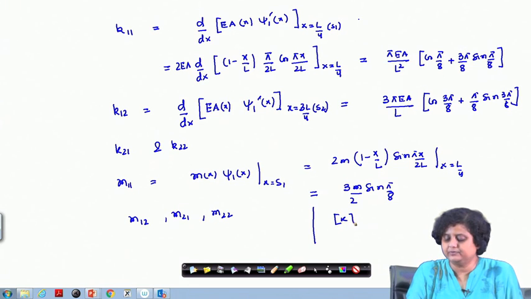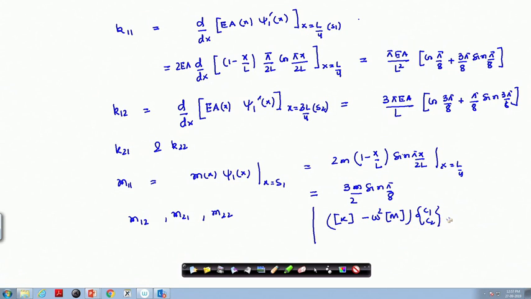Once we get the K and M matrices, we can solve this equation and get approximate values of omega 1 square and omega 2 square, and corresponding to each omega I will get two values of C, and thereby we can get an approximate value of the mode shape as well as the natural frequency.